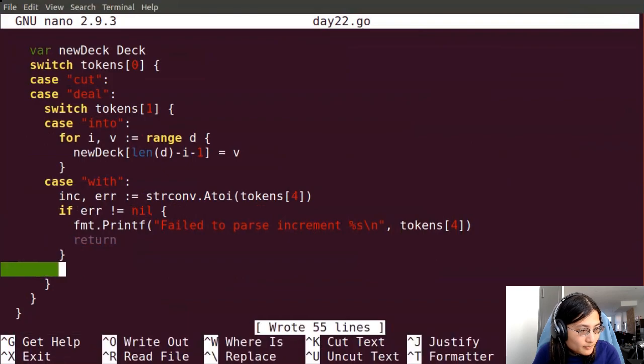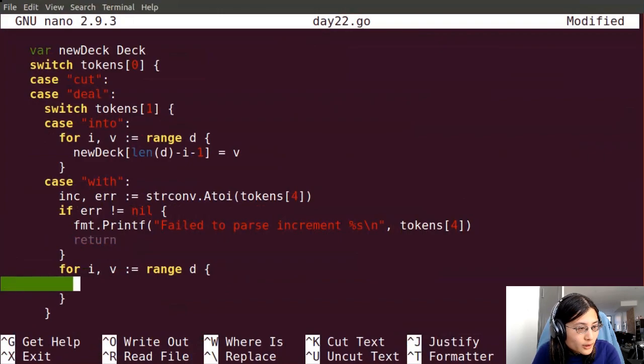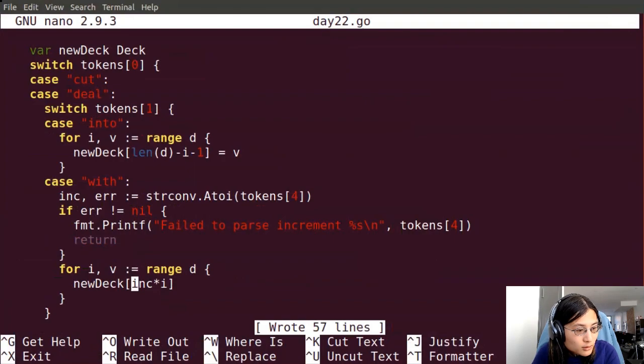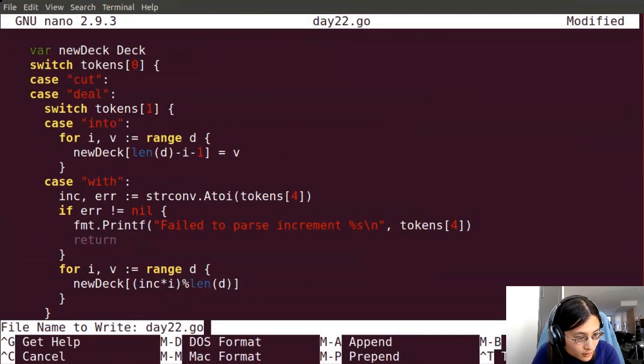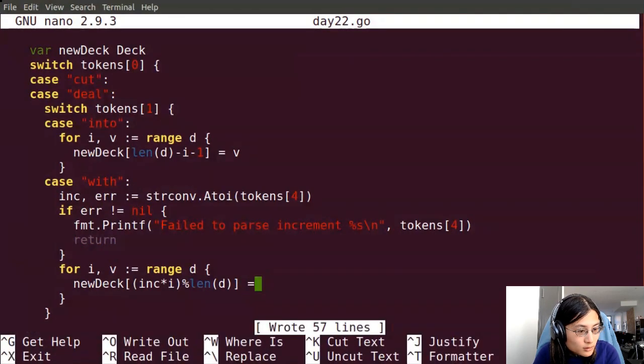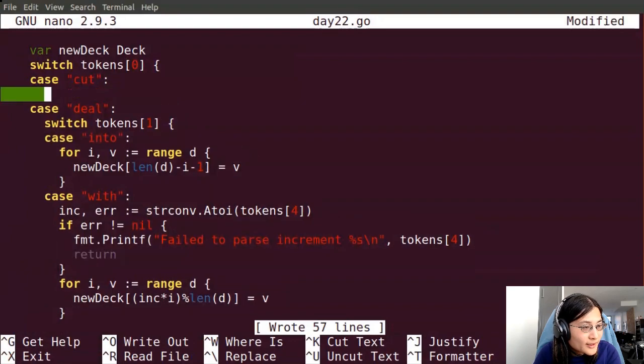So now, inc times I percent length of D. Right, and finally deal into, deal with, and we need cut.